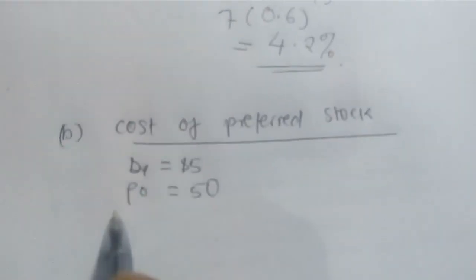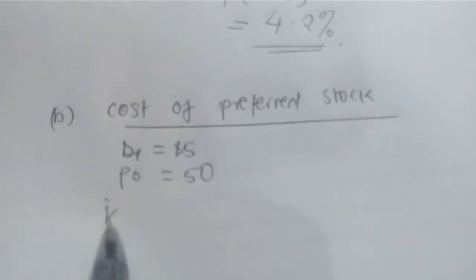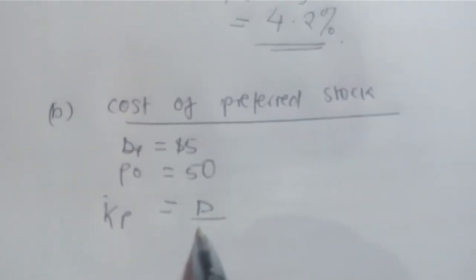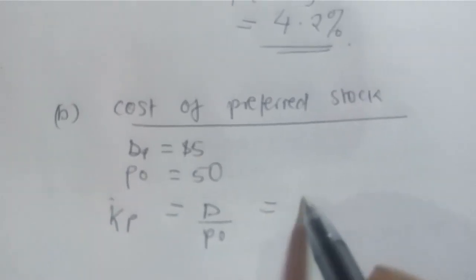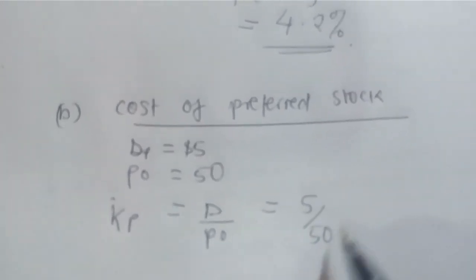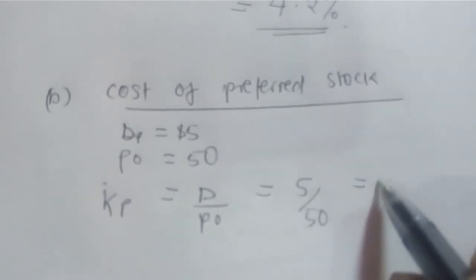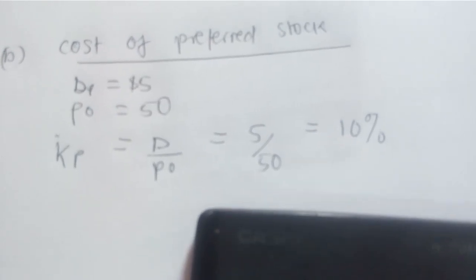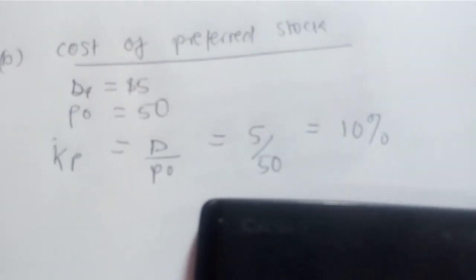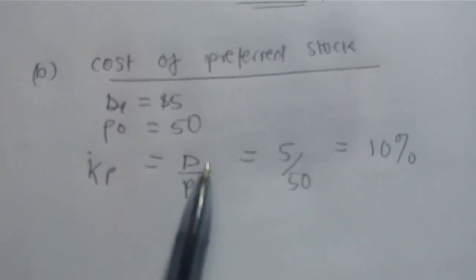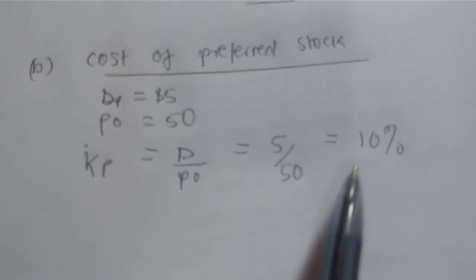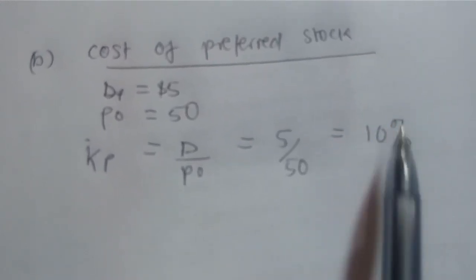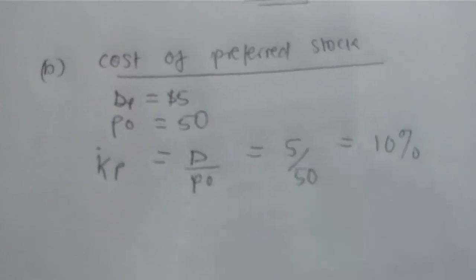Applying the formula that we looked at earlier, the cost of preferred stock is the preferred dividend over its price. So this is going to be $5 over $50, giving us 10%. So that's how we find the cost of preferred stock. Again, take note of the cost here, as we will use it when finding the weighted average cost.